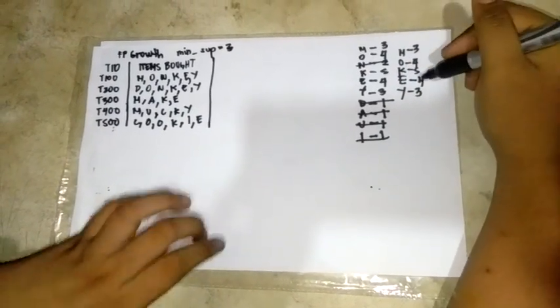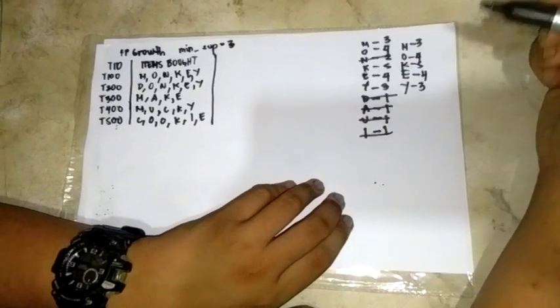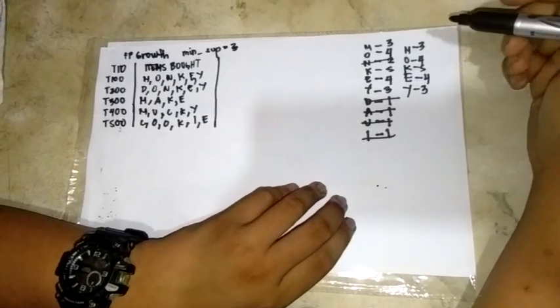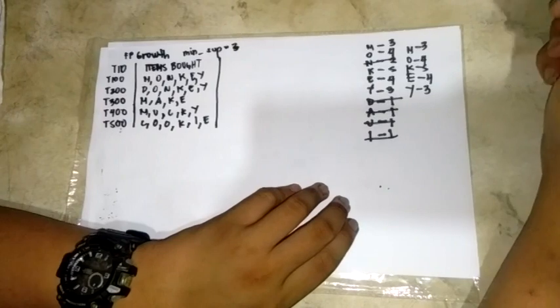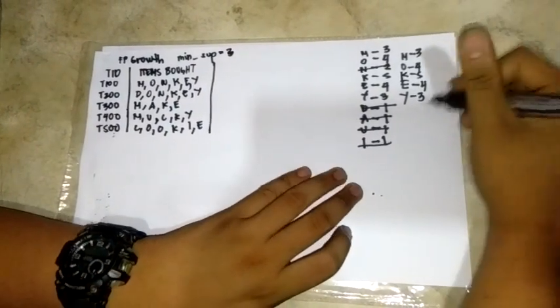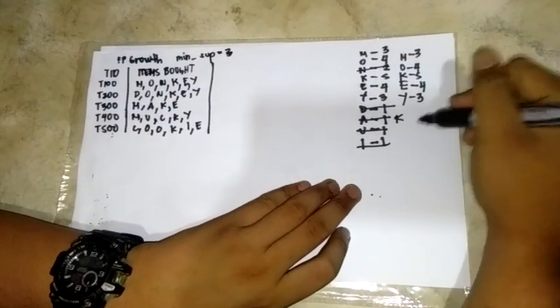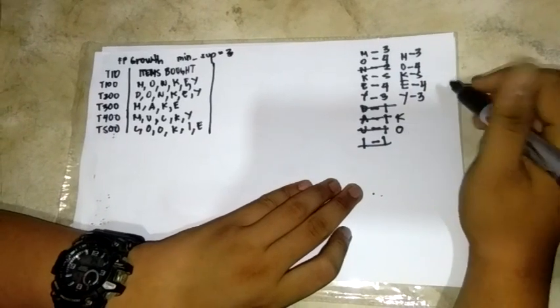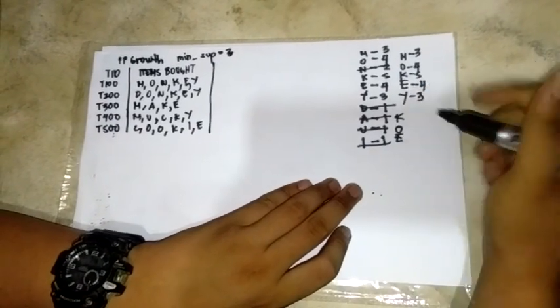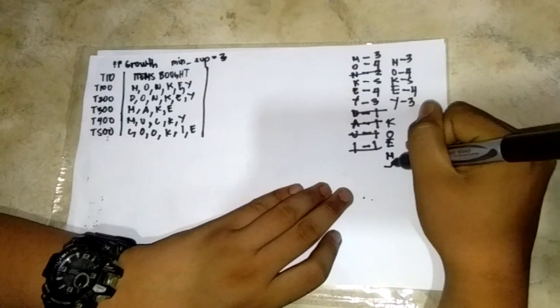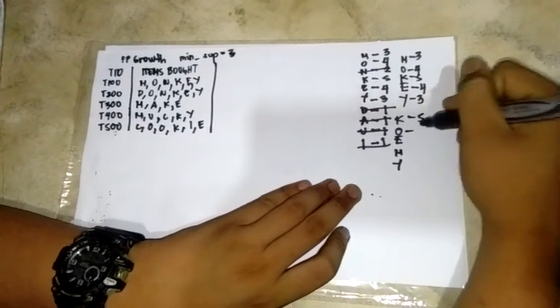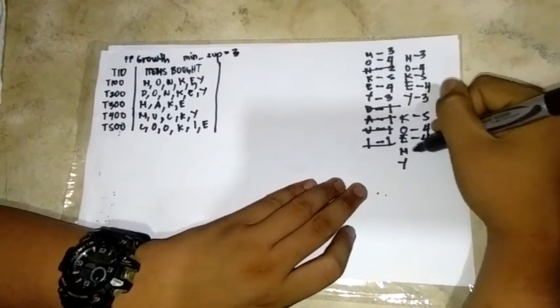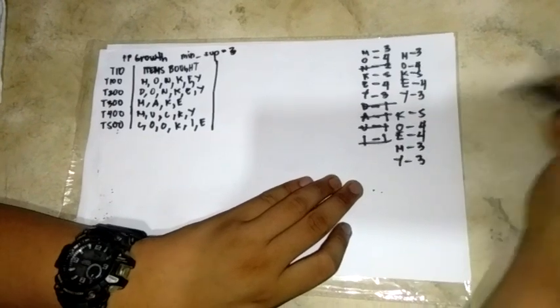So let's sort this from lowest to highest frequency. So first is K, next is O, next E, M, and Y. So 5, 4, 4, 3, 3.